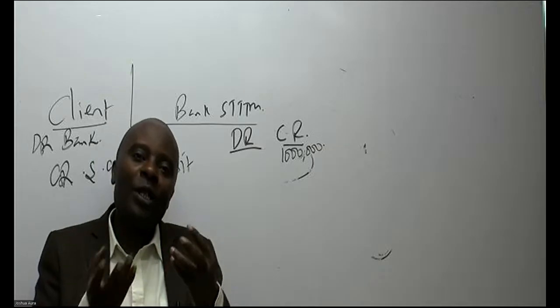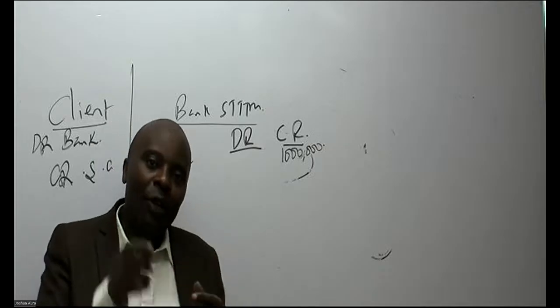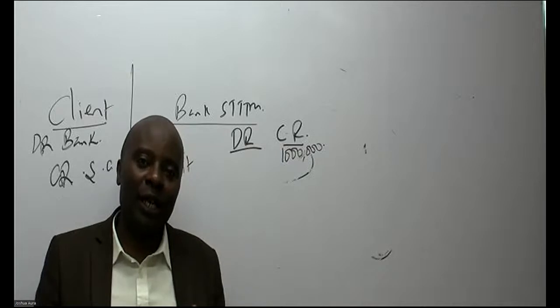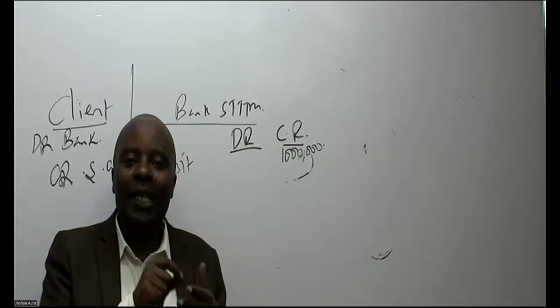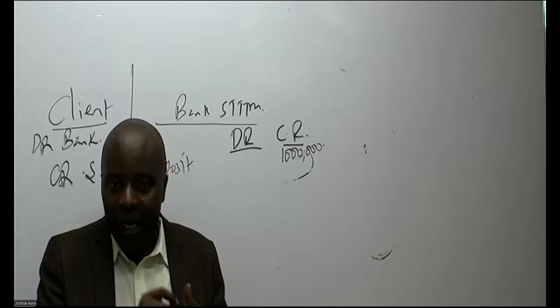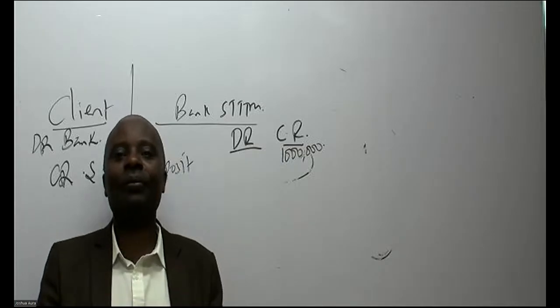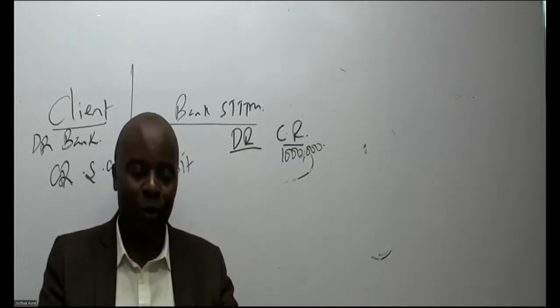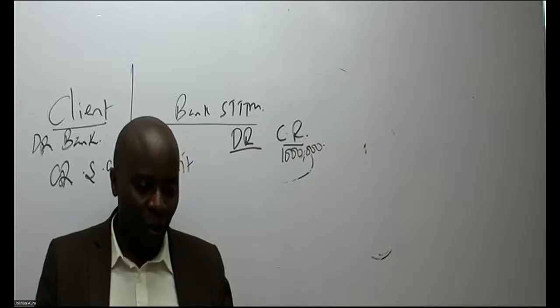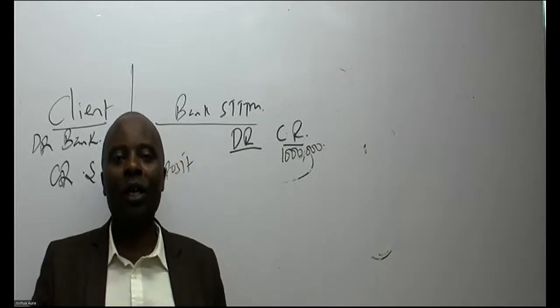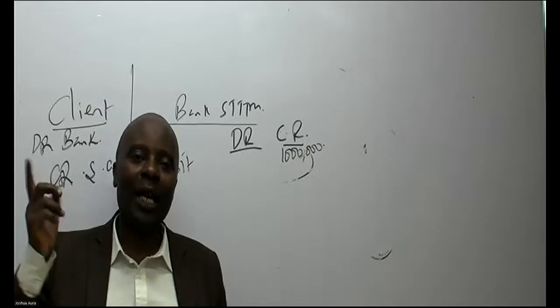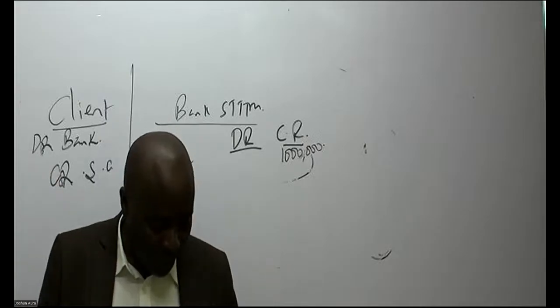So you see, when you receive this check, what do you do as an accountant in that company? You must have added that amount in your cash book. You received a check, so you go to your cash book, you debit your cash book, and you credit that particular customer's account. So you have already recorded this amount.